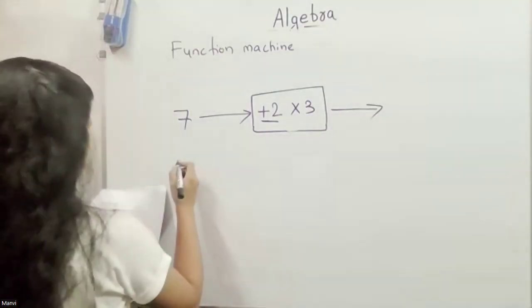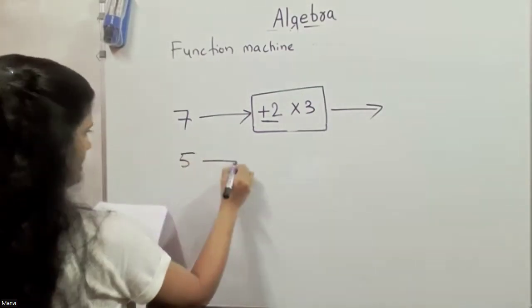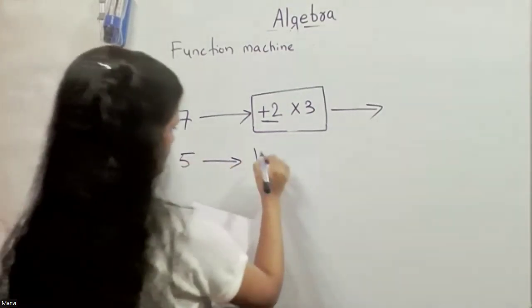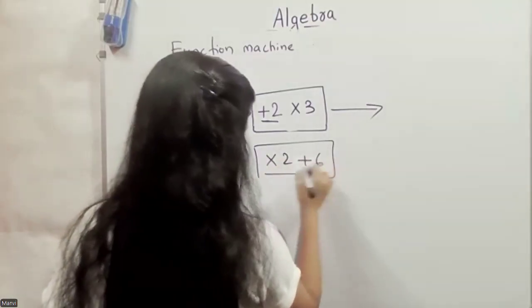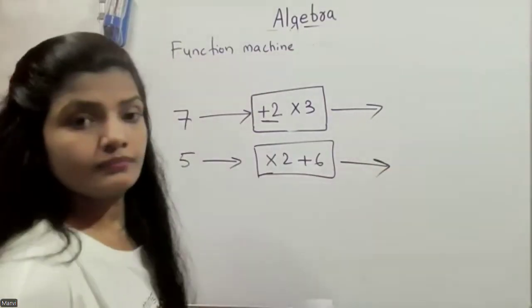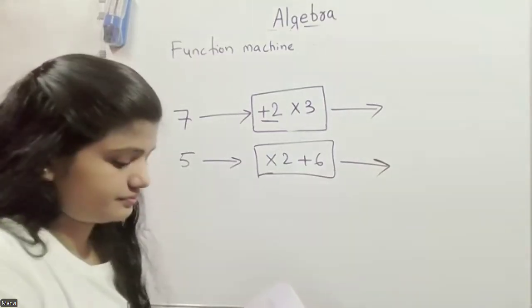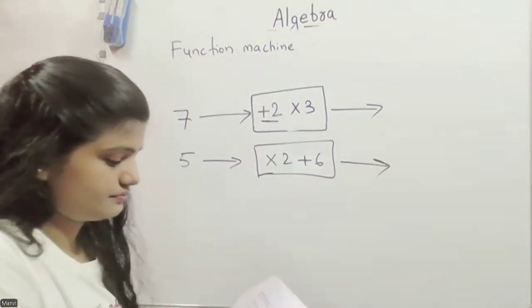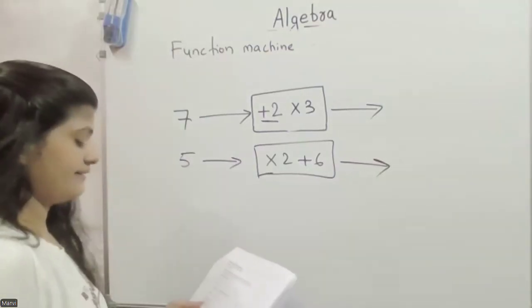If we have one machine where 5 goes inside, and they apply some logic like this, what will be the output, Kavya? Will it be 16? Yeah.